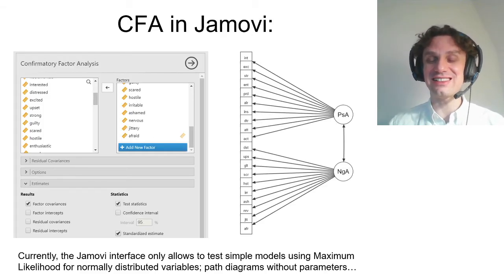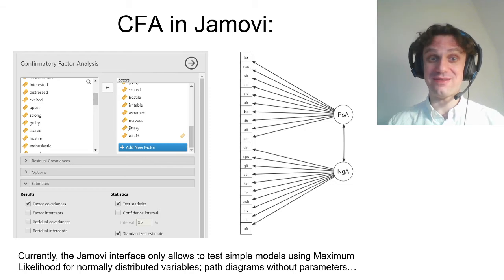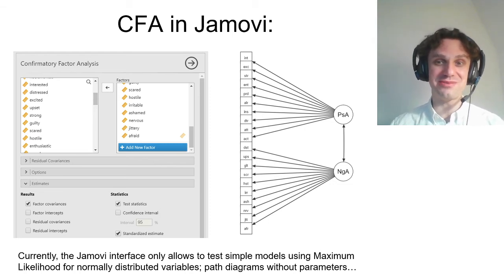Unfortunately, you cannot conduct a CFA in SPSS because it's handled by AMOS, a separate piece of software. But in Jamovi, there is a nice module for confirmatory factor analysis, which is very easy to use. It is limited in its capabilities.